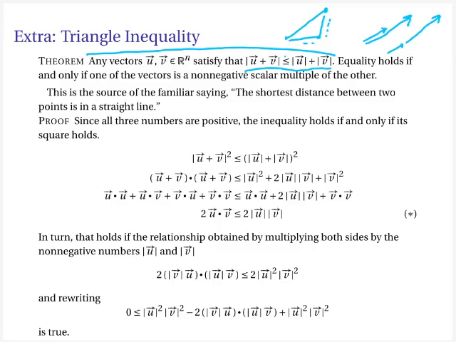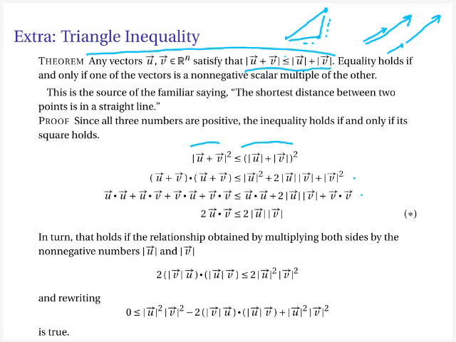So the inequality holds if and only if the square holds. So I squared the left-hand side and squared the right-hand side. That says length of u plus length of v, quantity squared. So the triangle inequality holds if and only if the first line holds, which holds if and only if the second line holds, which holds if and only if the third line holds. We haven't got to those lines yet, but we're working on it.